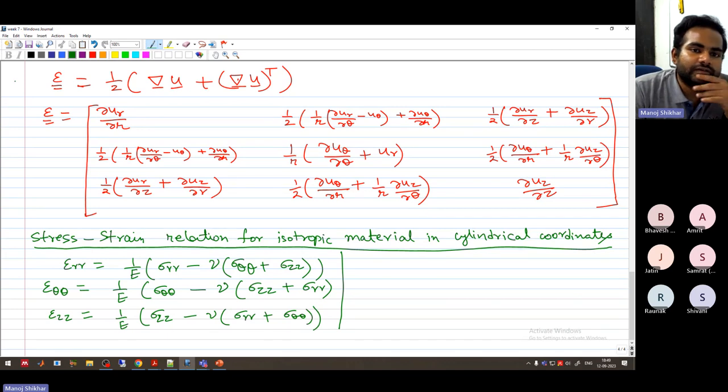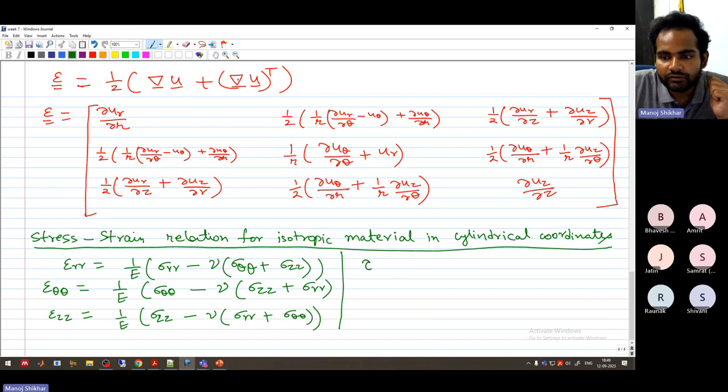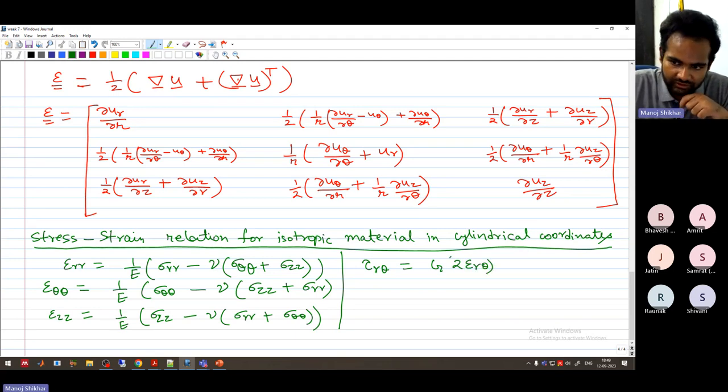Now with the shear part, if I want to write tau r theta, it will be G times 2 times epsilon r theta. 2 times epsilon r theta is our gamma r theta.